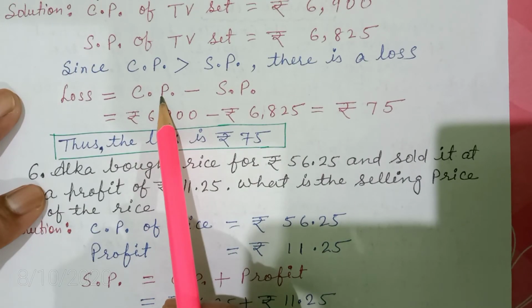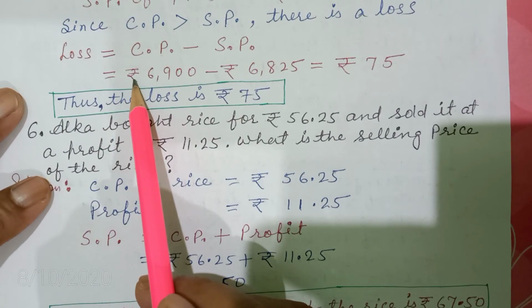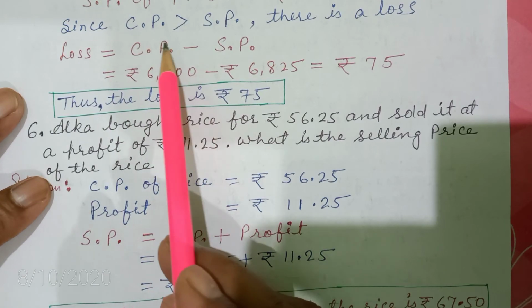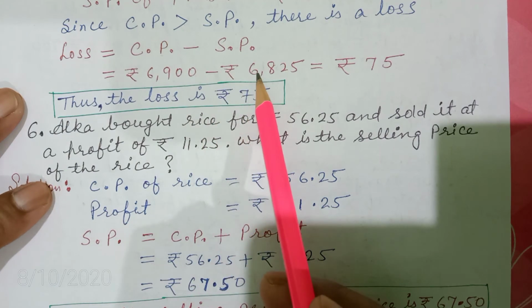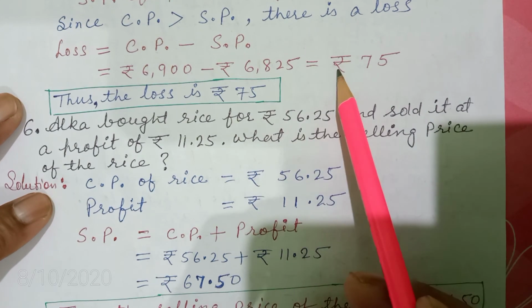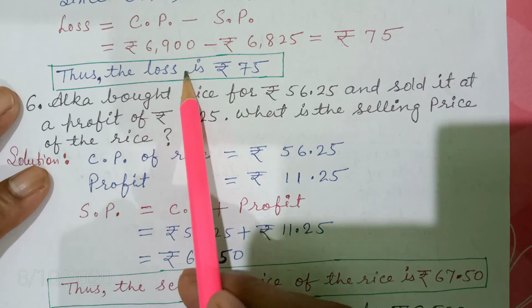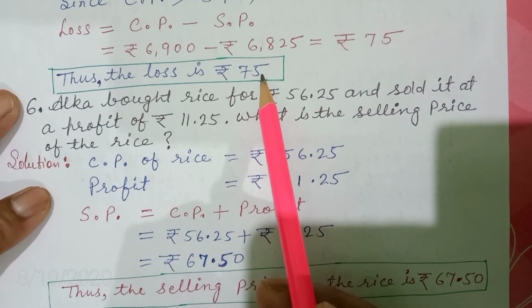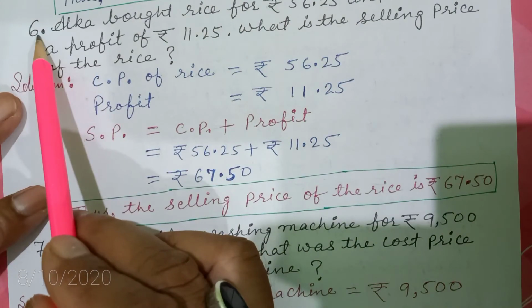Loss equal to CP minus SP equal to rupees 6,900 minus rupees 6,825 equal to rupees 75. Thus the loss is rupees 75. This is the answer. Now question number 6.